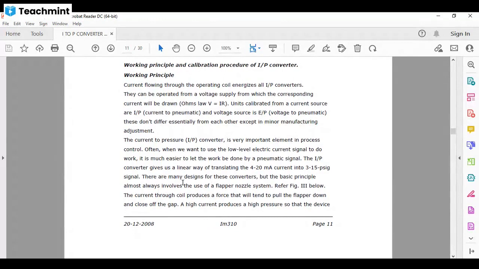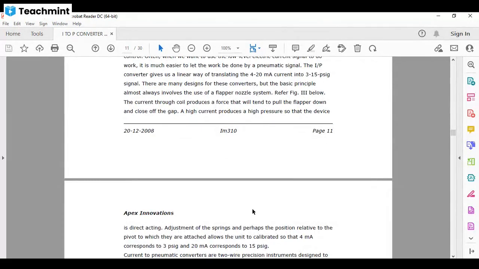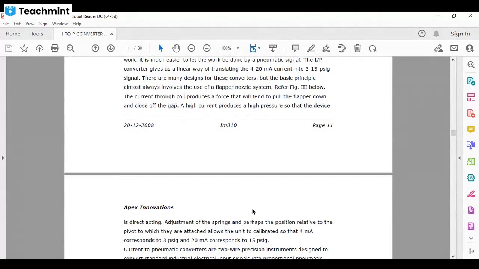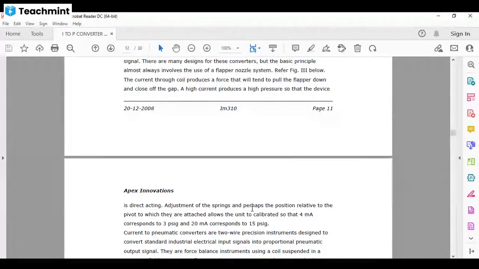The current through the coil produces a force that will tend to pull the flapper down and close the gap, and a higher current produces a higher pressure, so the device is direct acting. Adjustment of the spring, and perhaps the position relative to the pivot attached to the unit, is used to calibrate it, so that 4 milliampere corresponds to 3 psi and 20 milliampere corresponds to 15 psi.